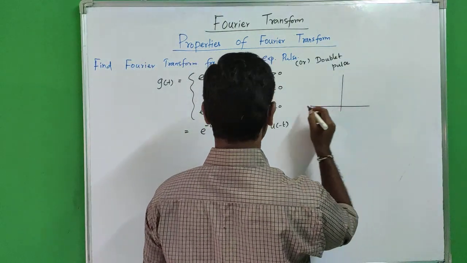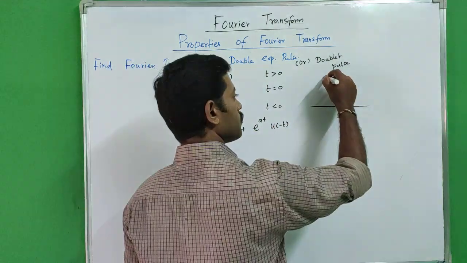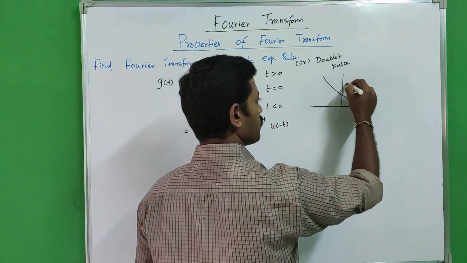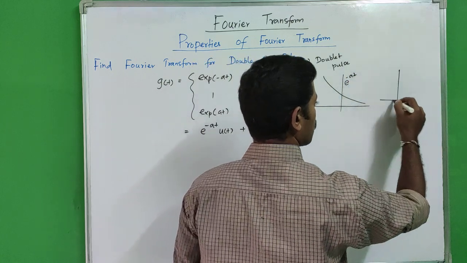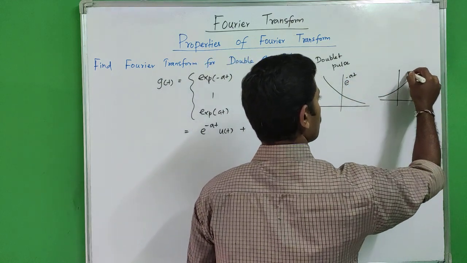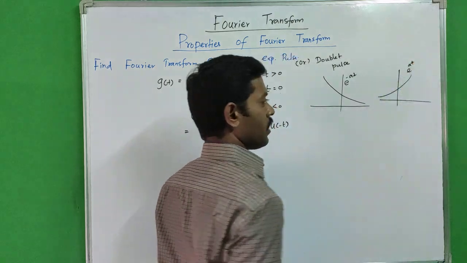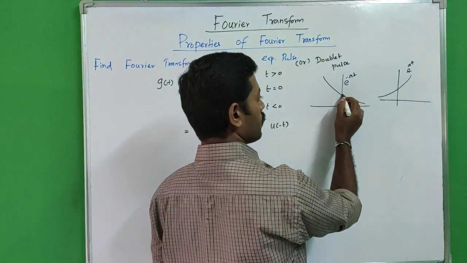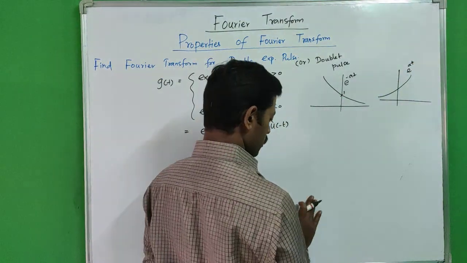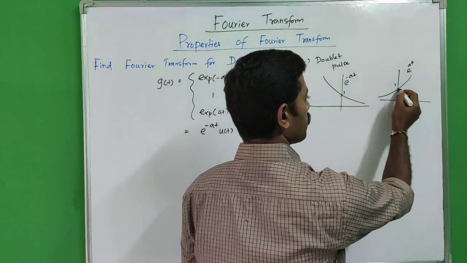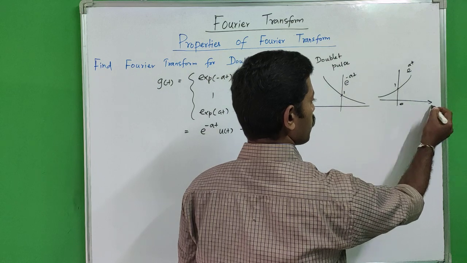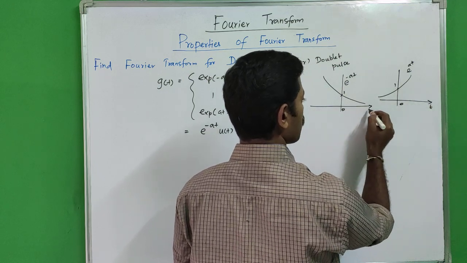This is an exponential decaying pulse, so it will come like this. And this one, exponential of at u of minus t, is an exponential rising signal. At t equal to 0, magnitude is 1. Here also when t equal to 0, magnitude is 1.